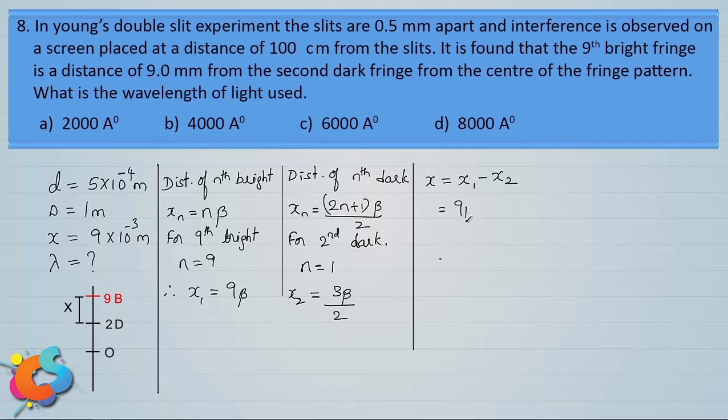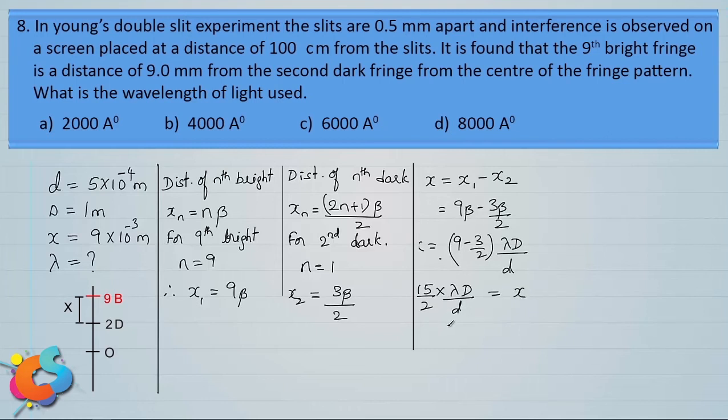So this is 9 beta minus 3 beta by 2. Taking beta common, 9 minus 3 by 2 times beta, where beta is lambda into capital D divided by small d. Therefore, 9 minus 3 by 2 is 15 by 2. 15 by 2 into lambda into capital D divided by small d is equal to x.